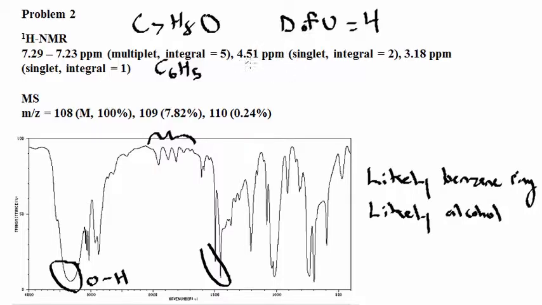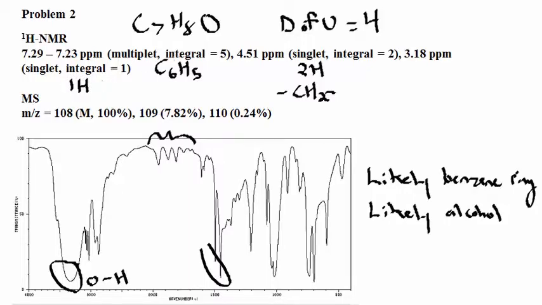We have a singlet at a chemical shift of 4.51 with integral 2, so we have 2 hydrogens here. This is likely due to the hydrogens attached to a carbon, like so. And then with a chemical shift of 3.18 ppm, a singlet with integral 1, we have 1 hydrogen.